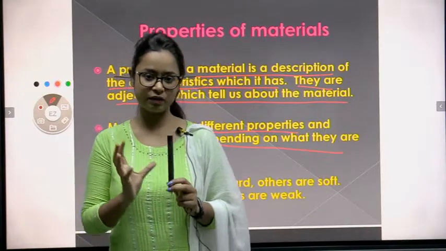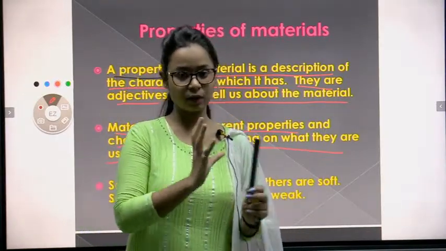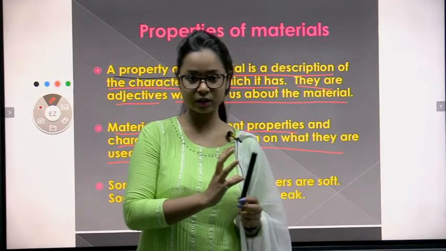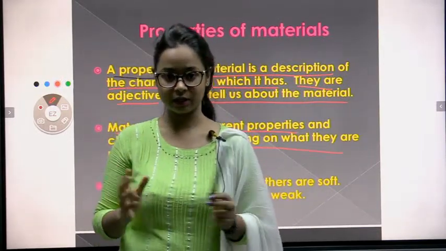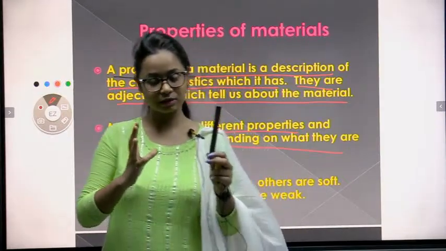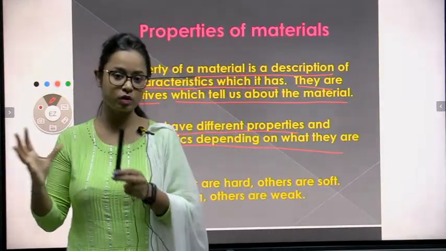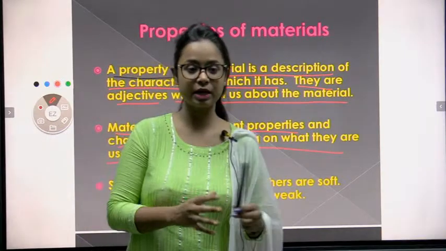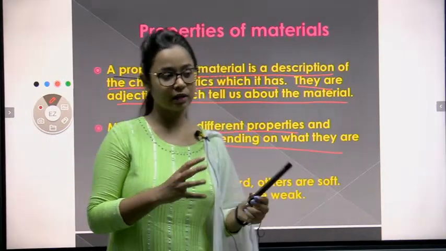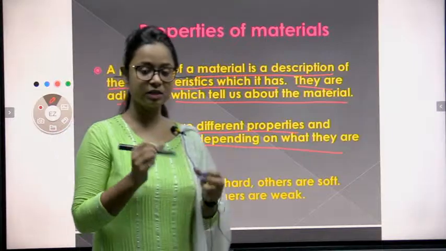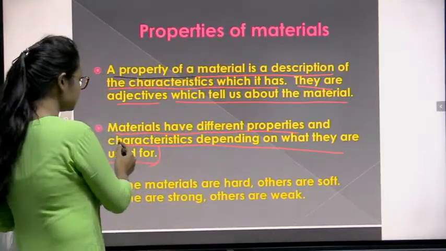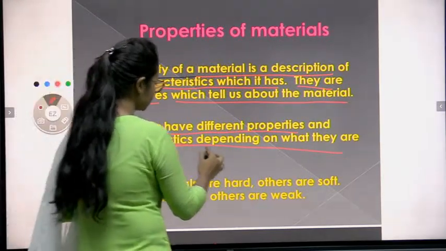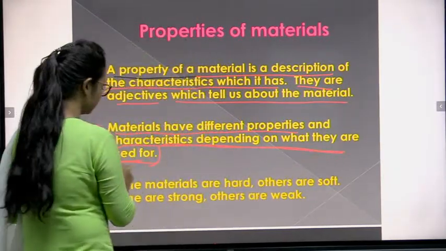You can easily group things, separating the copies, books and notebooks on one side, and on the other side marker, pen, pencil, whatever you have. So the characteristic depends on what they are used for.